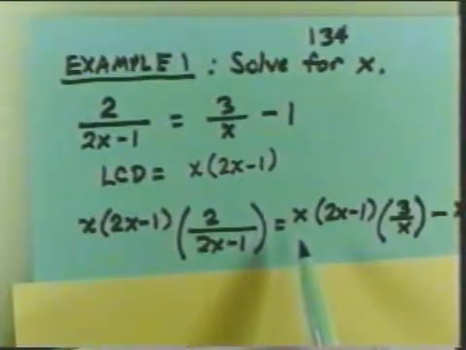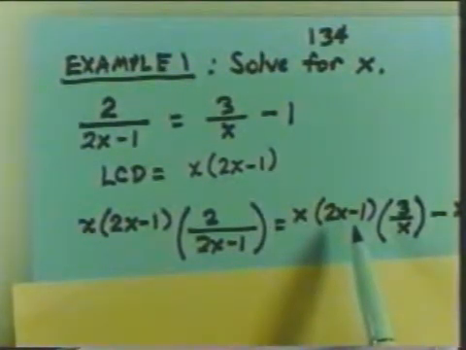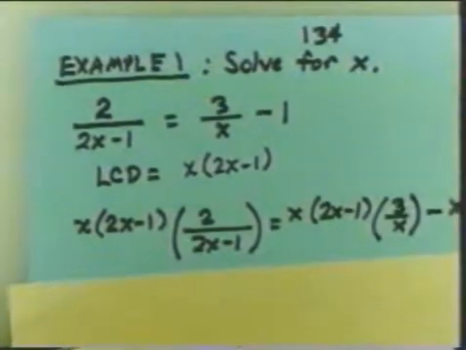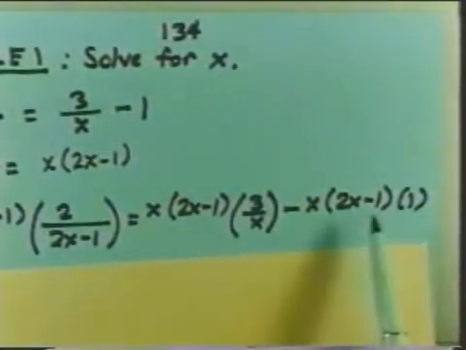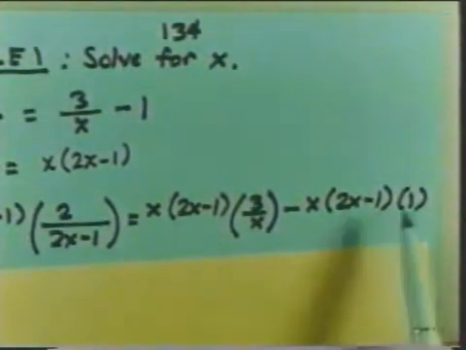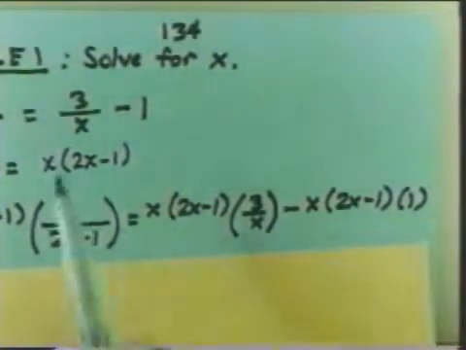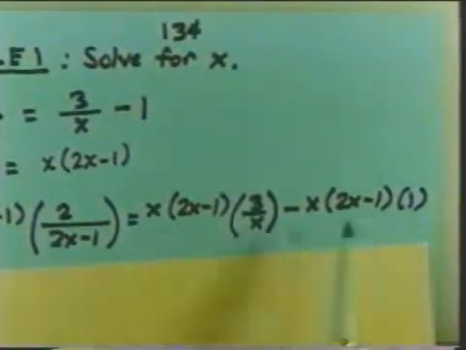On the other side of the equals mark, we have the least common denominator, x times 2x subtract 1, multiplied first by 3 over x, then subtract x times 2x minus 1 by 1. So notice that on the right-hand side we multiply both the first term and the second term by the common denominator.